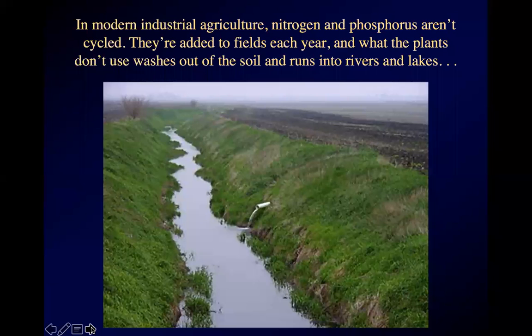A lot of it is, of course, taken up by the corn plants, but what the plants don't use will wash out of the soil every time it rains. And you can see here this little drain pipe draining excess water off of a cornfield. That water, which is now rich in excess nitrogen and phosphorus, runs into ditches, which run into creeks, which run into rivers and lakes.